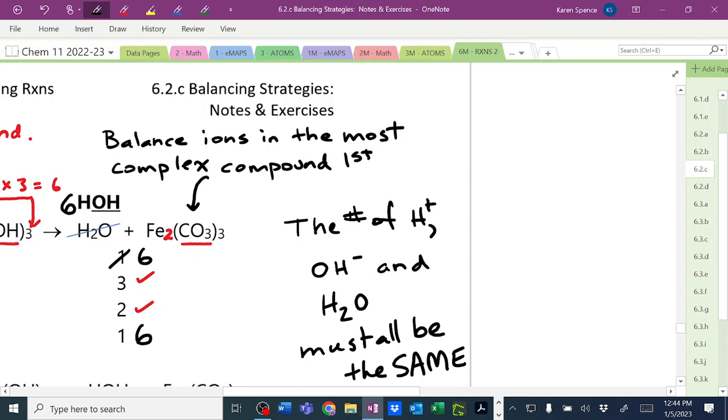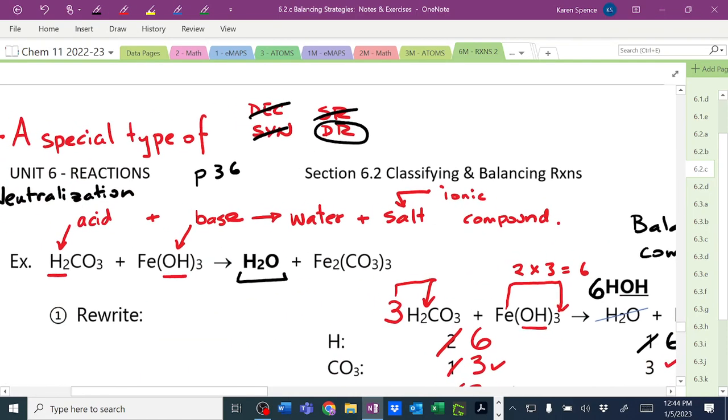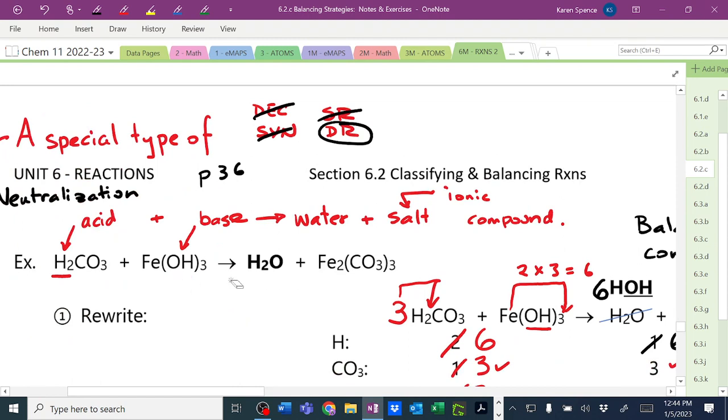This is just an extra little bonus method. And this one does not require you to break H2O into HOH. Okay? Hydrogen and hydroxide and water all have to be the same number. So if we were to go back here and just look at this one.